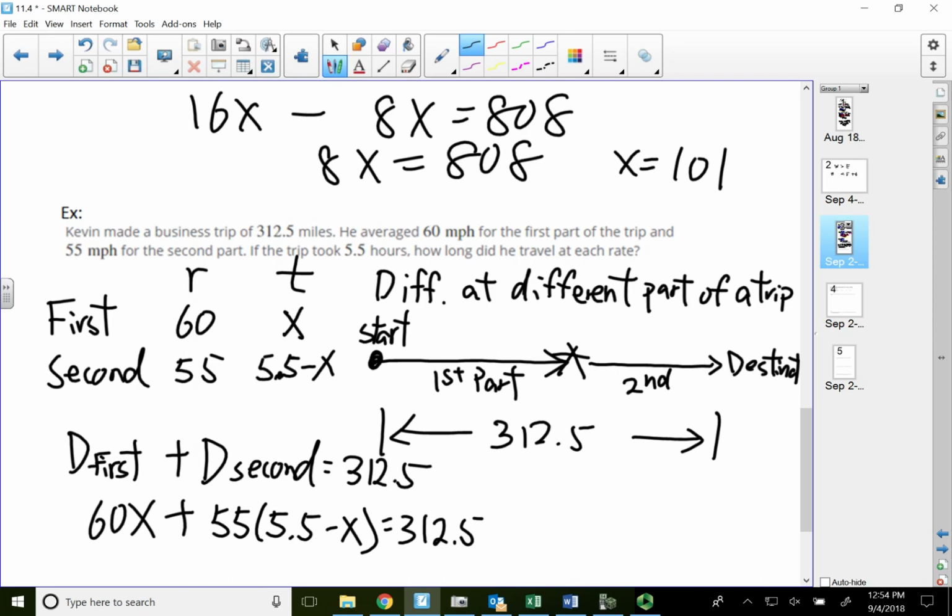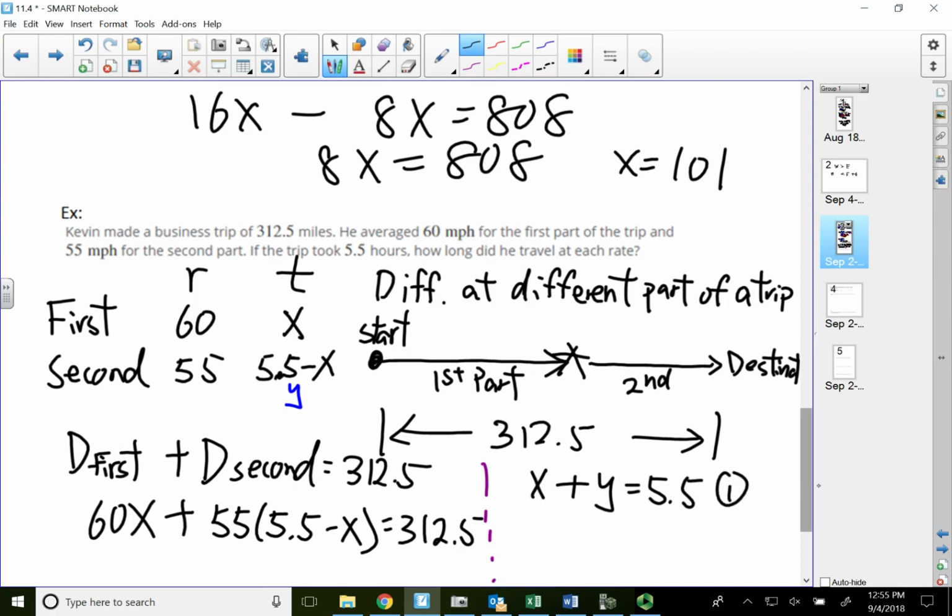Now, if I want to use two different variables to do this problem, let's keep the first part of the trip's time as x. The second part is called y. So the entire trip, first part plus the second part, together is 5.5 hours. So that's one equation I need. That will be x plus y equals 5.5.